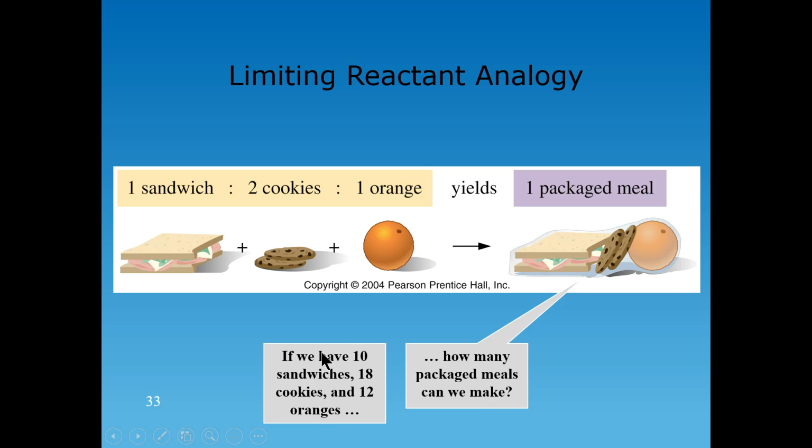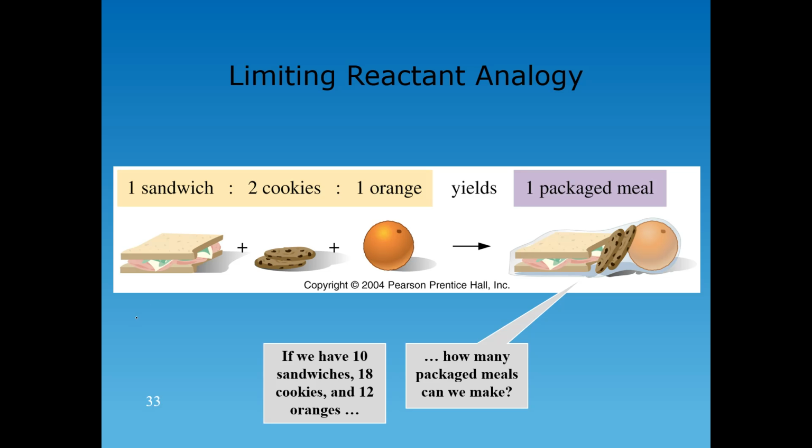So let's start off by looking at the 10 sandwiches. Based on this equation, if you start off with 10 sandwiches, you're going to need 20 cookies, because there's a 2-to-1 ratio between the cookies and the sandwiches.